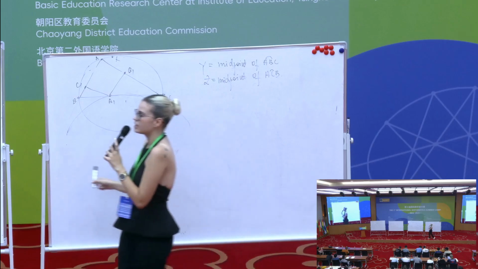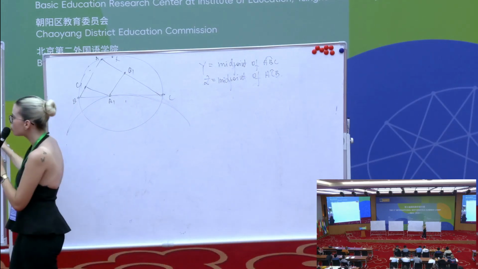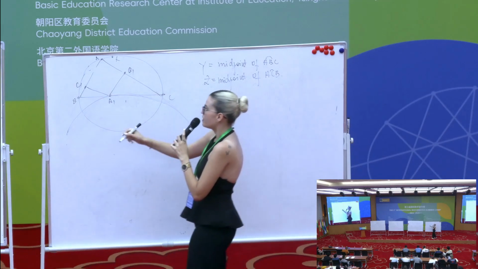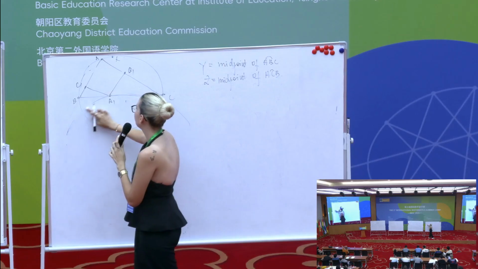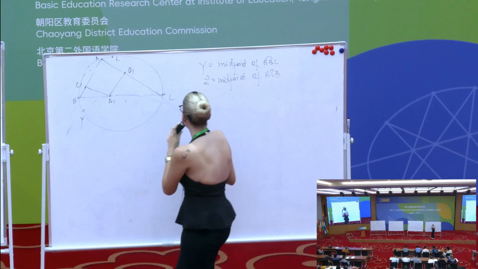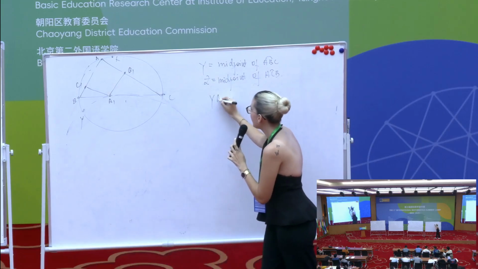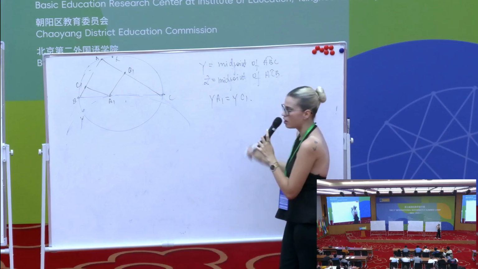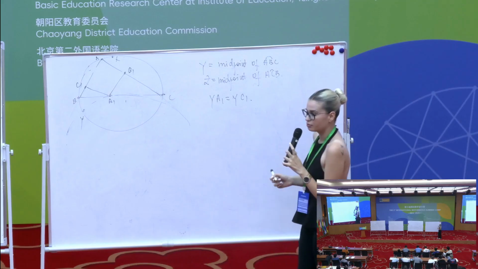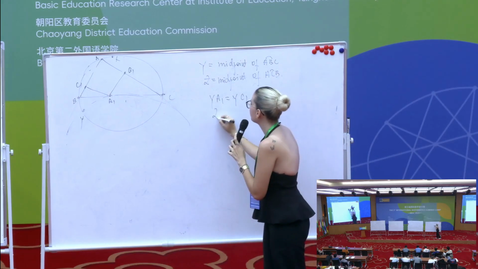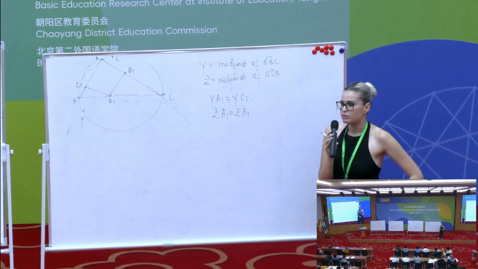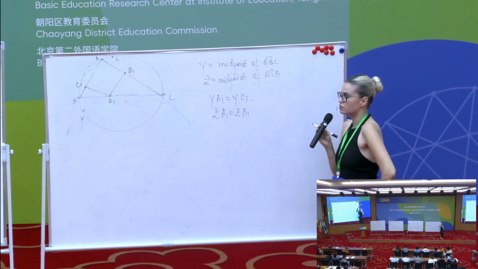And think about it, the same way we obtained this congruence right here, in the same manner we're going to obtain that Y, which is the midpoint of the arc ABC, so if Y is right here, we're going to obtain that YA1 equals YC1. That Y is on the perpendicular bisector of A1C1. And in a similar manner, we will obtain that ZA1 equals ZB1. It's the same spiral similarity, which becomes a spiral congruence.